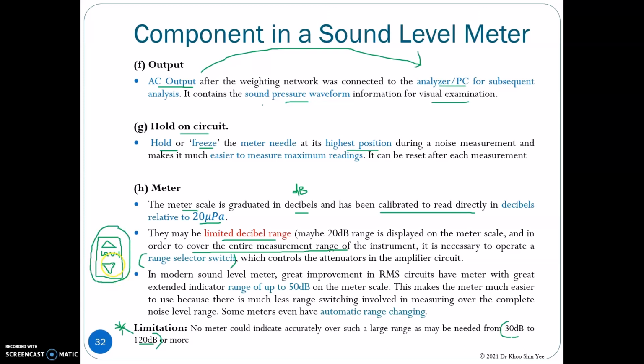By pressing the down button here, in the display meter, you see two numbers changing, which is the left number and the right number. This shows the measurement range for the dB, which means you can only measure the dB within 30 to 70.